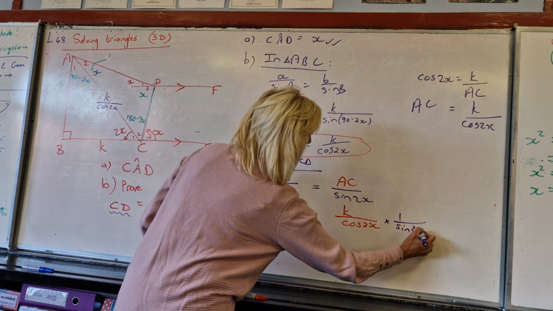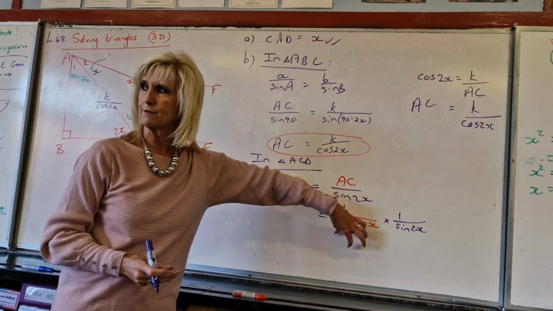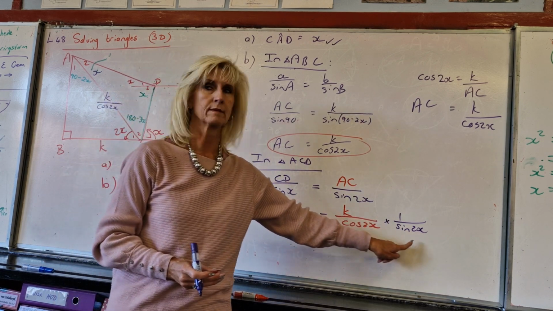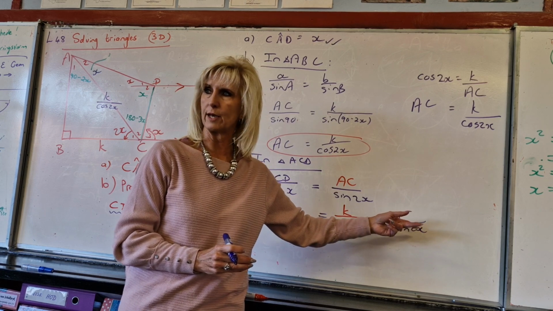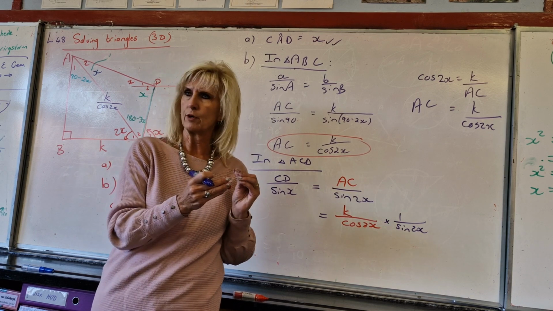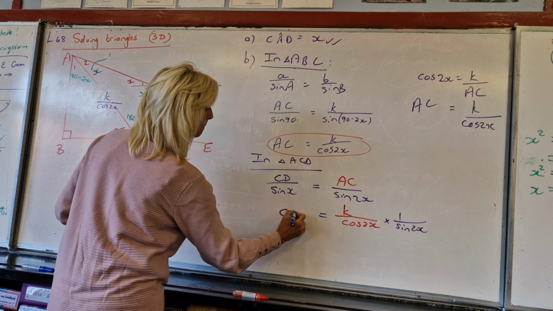Yes. Understand what ma'am did? Yes, ma'am. So it's AC, which is a fraction, divided by sin 2x. This is divided by sin 2x because it's timesed with 1 over sin 2x. These are various things that I've shown you that help you when you've got those techniques. And the other side is still CD over CD.